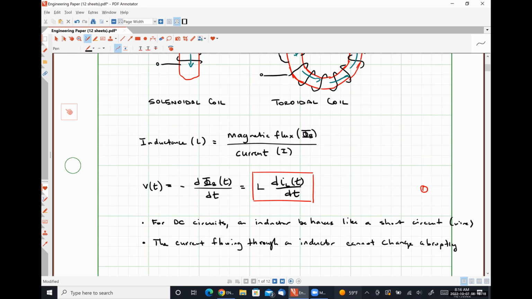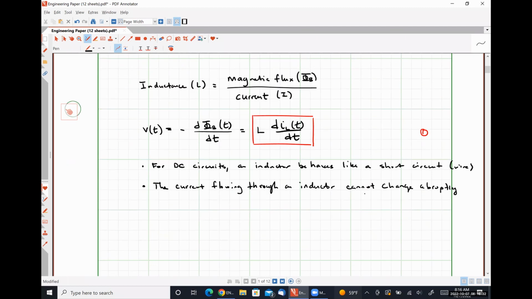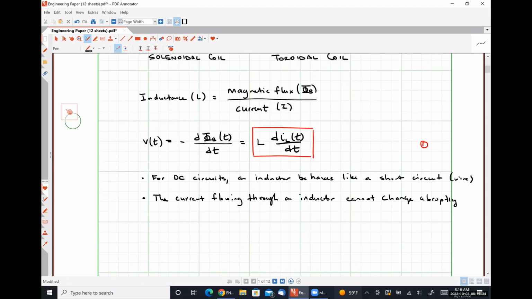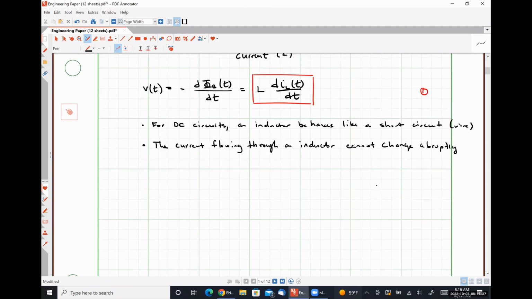So what I mean by that is that our current waveform, if it's a time varying signal, can't instantaneously change from one value to a different value. So let me explain what I mean by this with a little bit of math and pictures, okay?